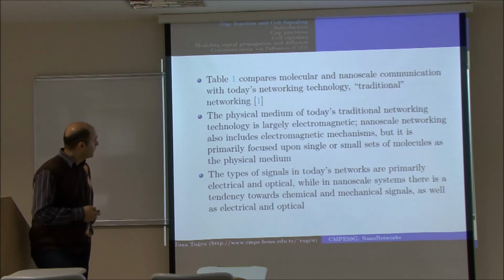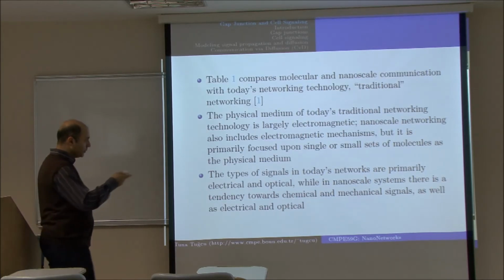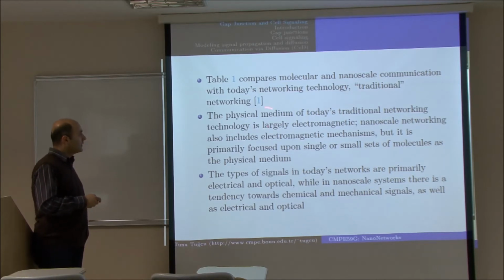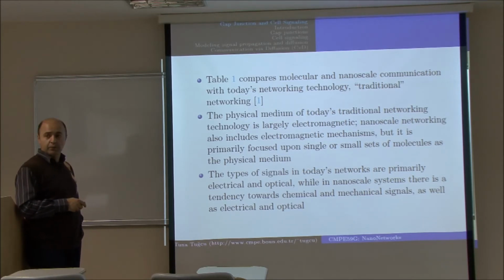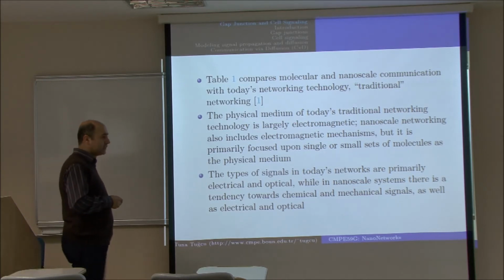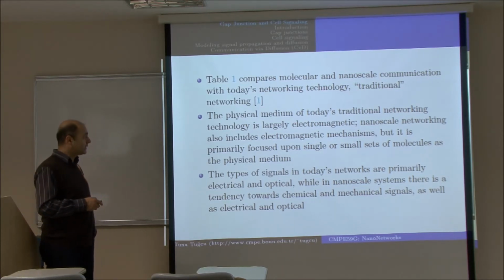Okay, so let's go over these slides very fast because we have discussed some of this by looking at the table, but the physical medium is completely different. As we said, typically in traditional networks we are using electromagnetic signals.